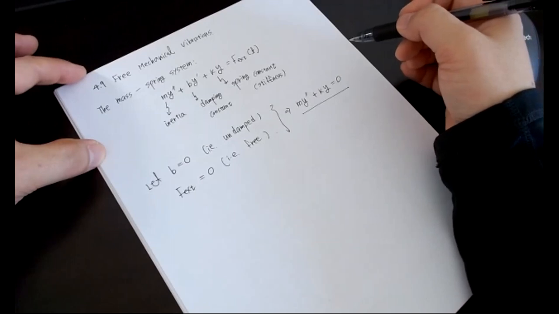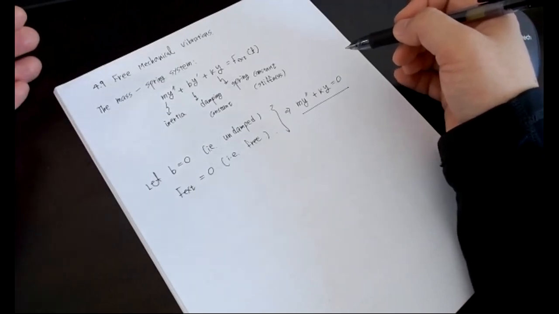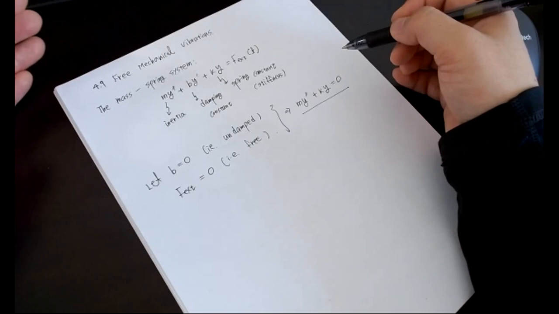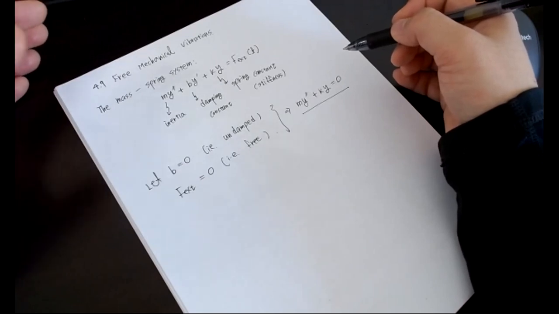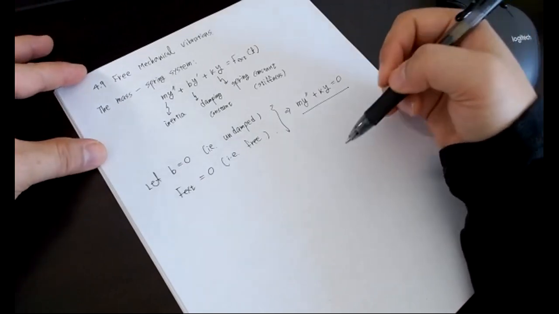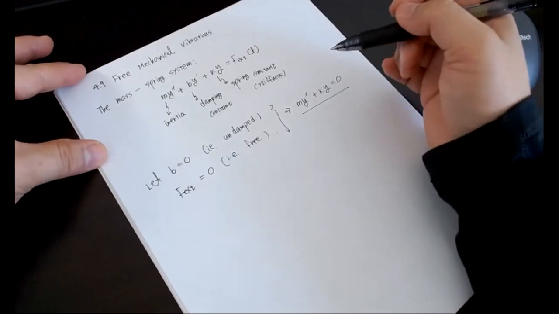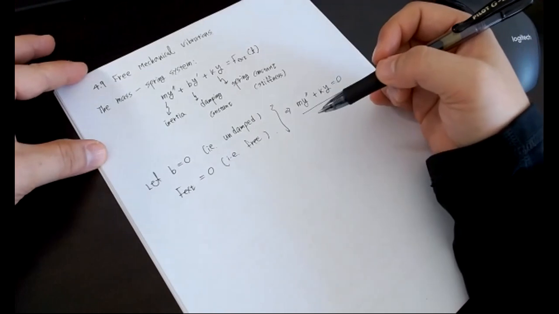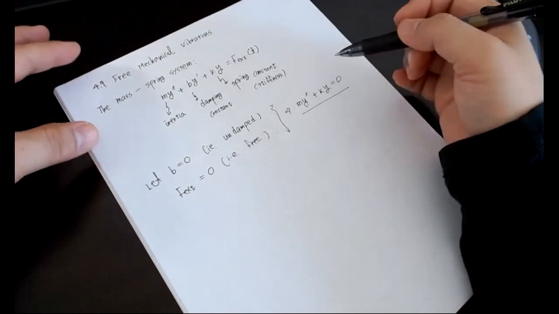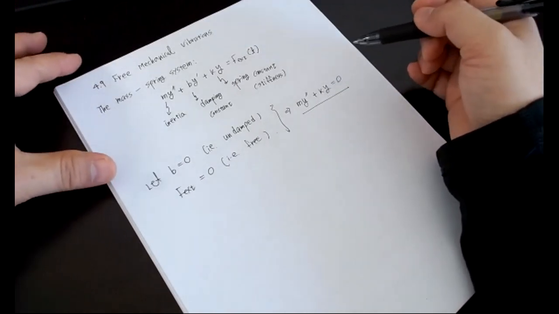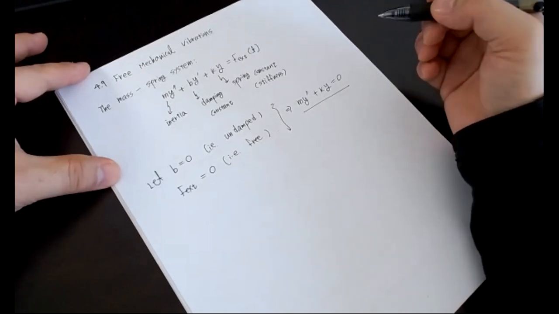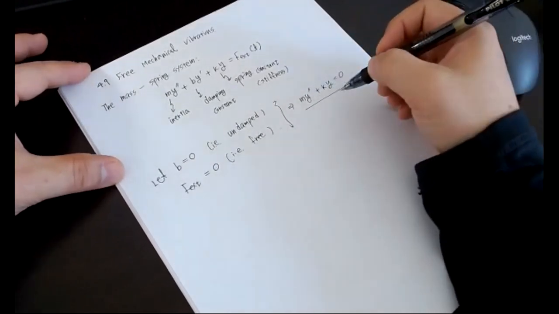In mathematics, this is a second order constant coefficient homogeneous differential equation, so we know the form of the general solution. But anyway, we're going to approach the general solution from an engineering view. First, we'll try to solve this.